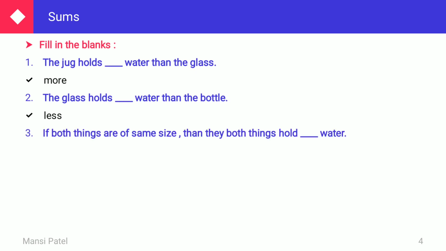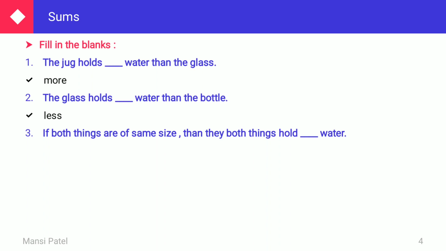Now your third fill in the blanks is if both the things are of the same size. If two things are given to you and both things are the same in size and quantity, then both things hold dash water.